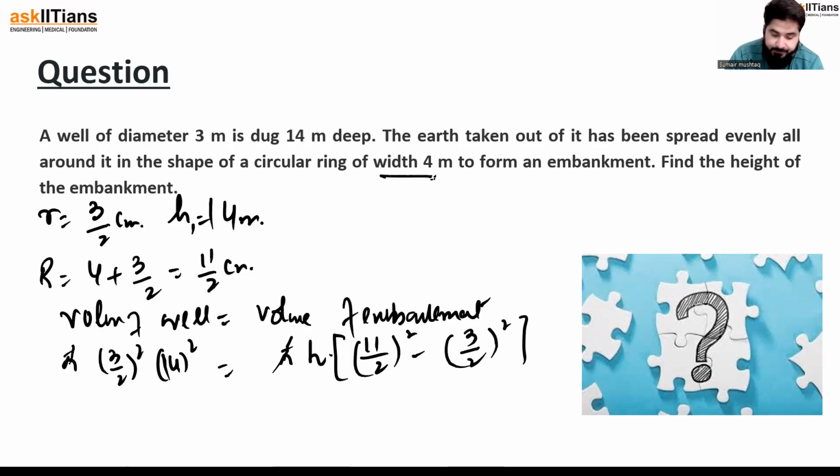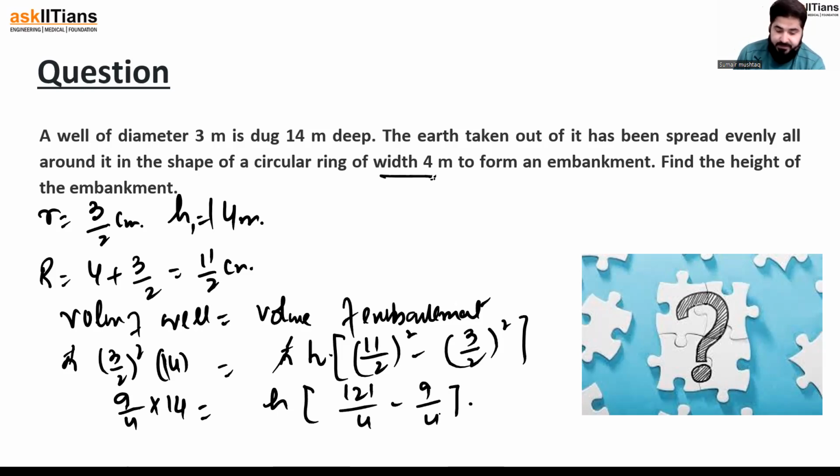Are you getting my point? This will be 9 by 4 into 14. This thing is equal to h. This will be 121 divided by 4 minus 9 divided by 4. Right? So this will be 112 divided by 4.